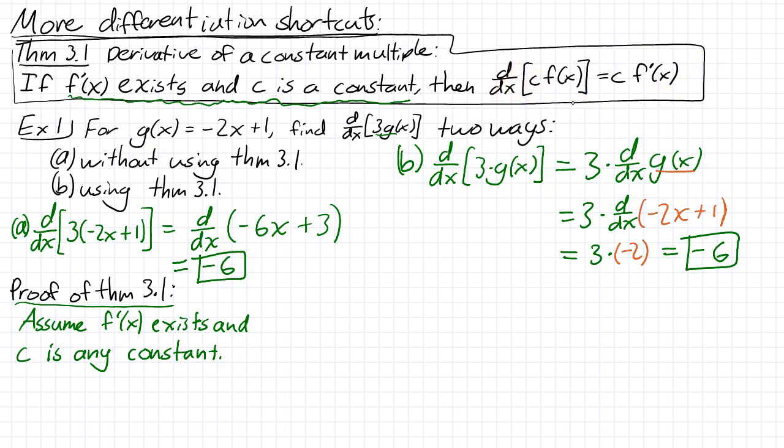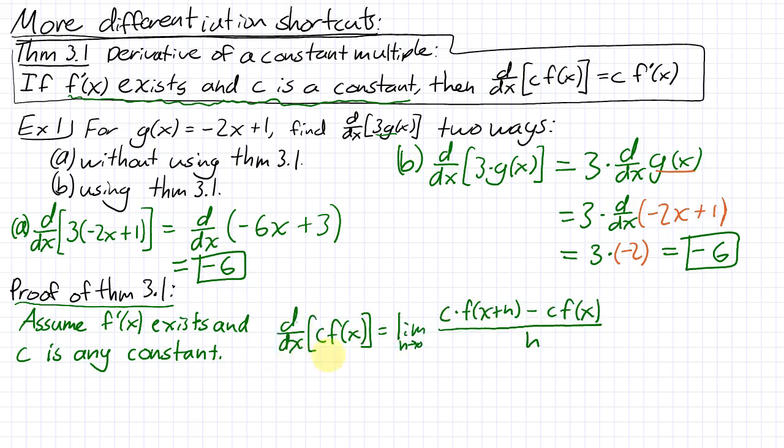To prove anything about a derivative, you really need to rely on the definition of the derivative as the limit of the difference quotient, which is this. If the function we're differentiating is c times f of x, then we plug in x plus h, c times f of x plus h, and also plug in x and subtract. We want to show that this whole thing is equal to this result on the right. That's the goal.